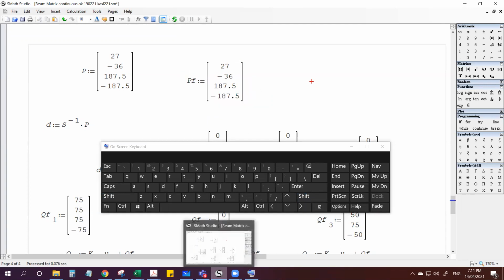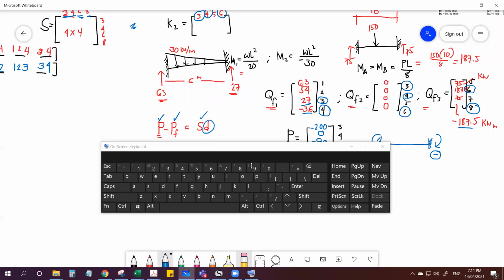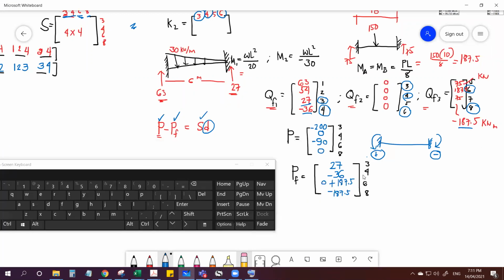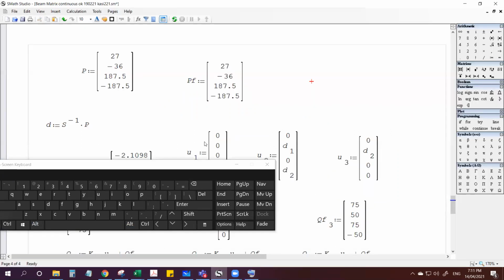Now, what's our PF as we solved earlier? Oh, it's 200, negative 90 pala. Sorry. So this is the PF.